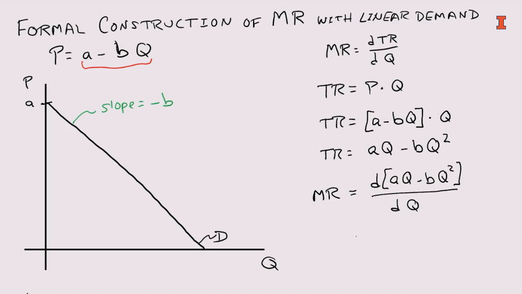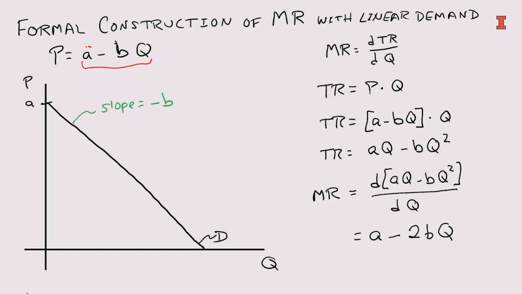It would be equal to A minus 2BQ. Those of you who don't know calculus, believe me, I didn't pull a rabbit out of my hat. Talk to your friends in your group who do know calculus and say, is that really what happens there? And they'll say, yes, that's a simple derivative. The derivative, which is the slope of the revenue function, if you have a linear demand curve, would be A minus 2BQ.